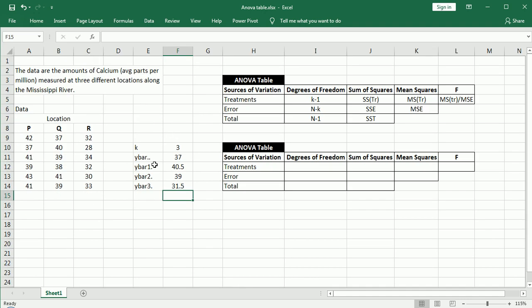Okay, let's get a little space here. So I'm going to do sum of squares total. Remember, I have to take each value and subtract the grand mean from it. I'm going to lock the grand mean and then square it.